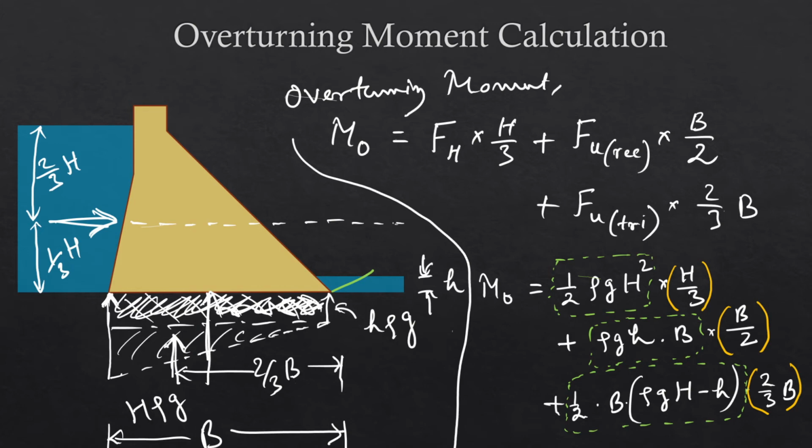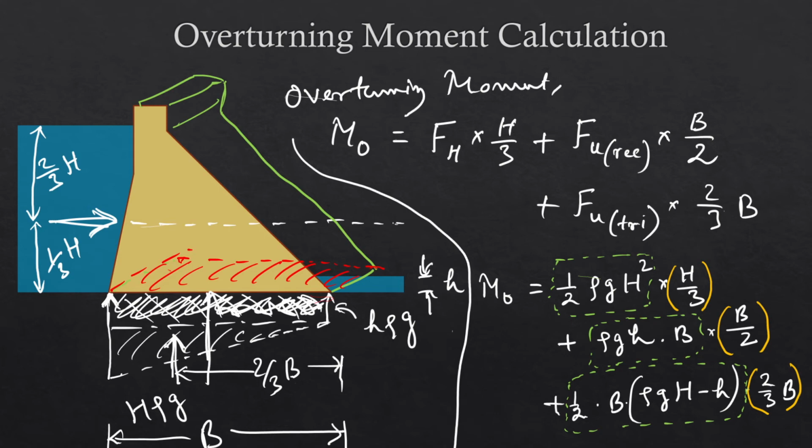So if this is, suppose, a unit length of the dam, then the uplift pressure, which is acting on the bottom surface of the dam, the bottom surface itself will have an area equal to the width of the dam, B, and we are considering unit length, therefore B into 1, that is B only.